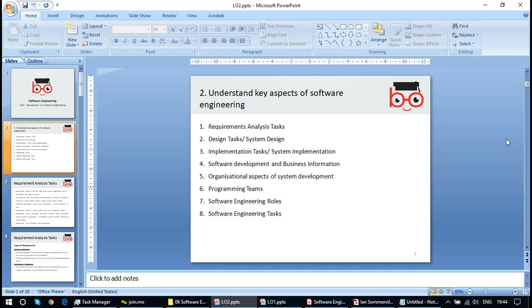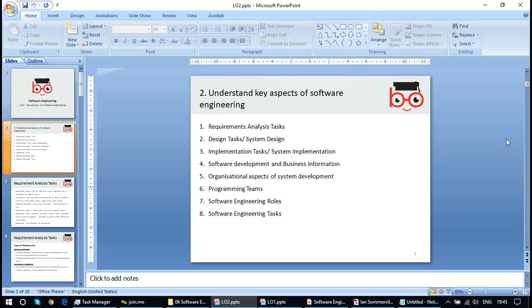Let me give it a review again. So requirement analysis, you look at the problems in getting the requirements. Design task, you look at the critical problems in the design, whether you are considering the architectural design, whether you are looking at the kind of abstraction level.